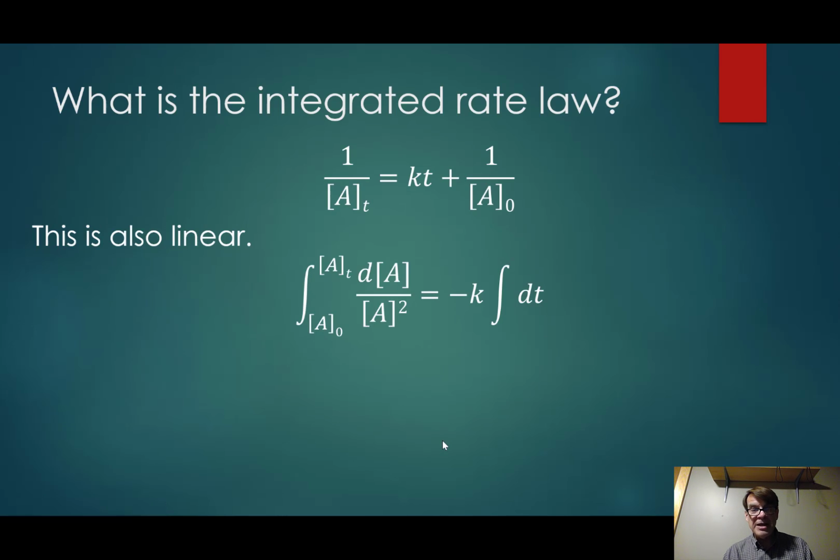Okay, but once I get it into this form, I'm going to integrate from the initial concentration to the concentration at time t. So once I integrate both sides, I get the formula. Because if you know basic integral calculus, the integral of a to the minus 2 power, an a squared in the denominator is a to the minus 2 in the numerator, right?